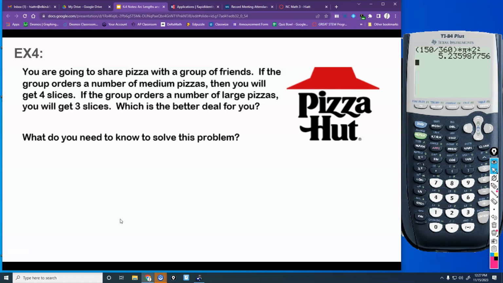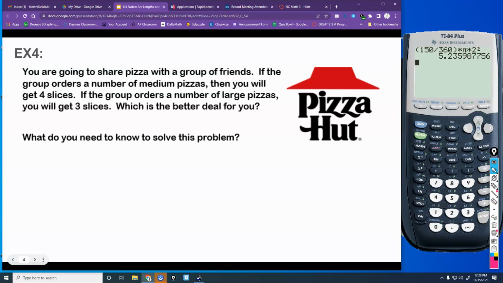A lot of times pizza places will have deals where you can get 3 mediums for this price, or you can get 2 larges for this price. So whatever deal is going on, they have figured out that you can get this many medium pizzas or this many large pizzas for the same amount of money.